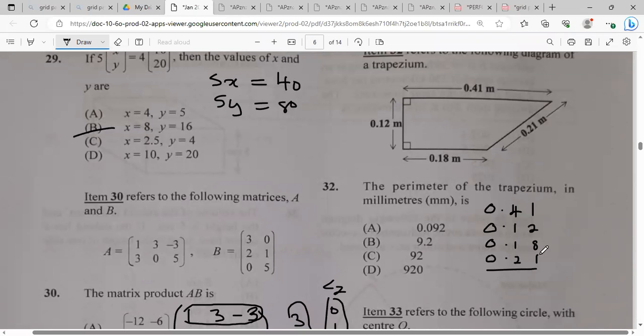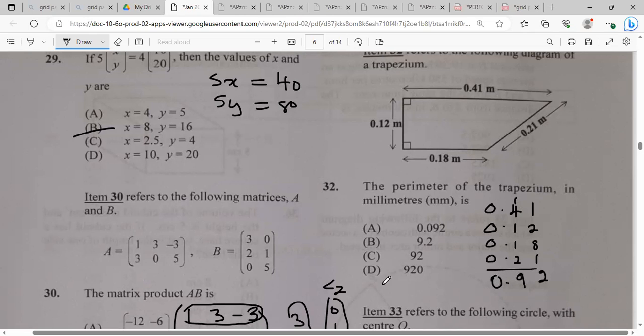Good. So 1 and 8, 9 and 1, 10 and 2, that's 12. So it's 2, carry 1, 2, 3, 4, 8, 9. So that's 0.92. All right, now it takes 1,000 millimeters to make 1 meter.